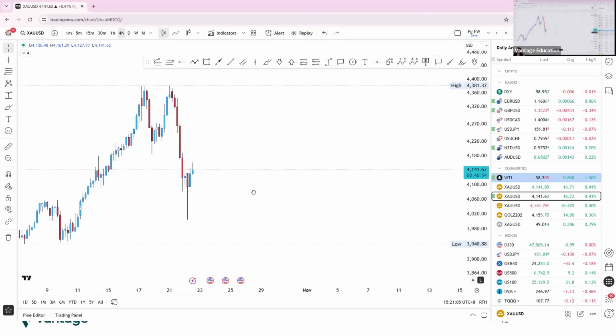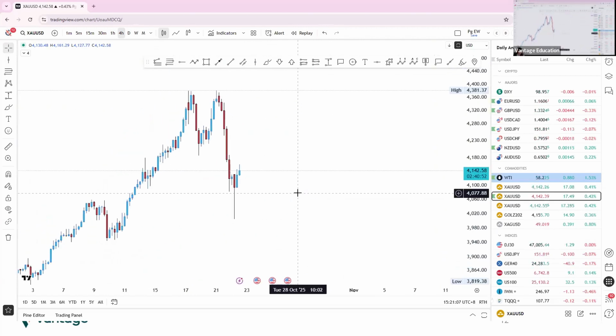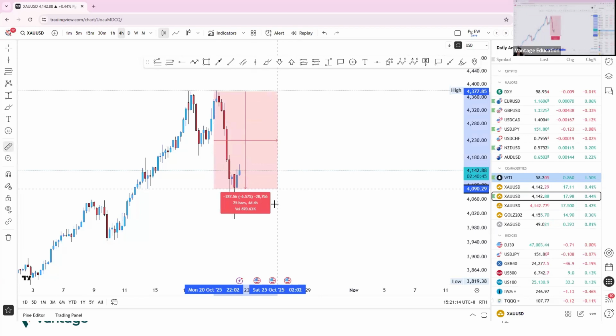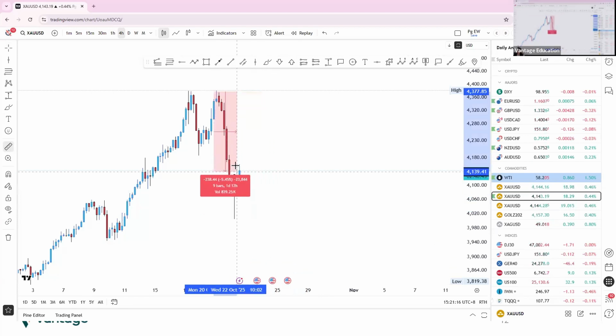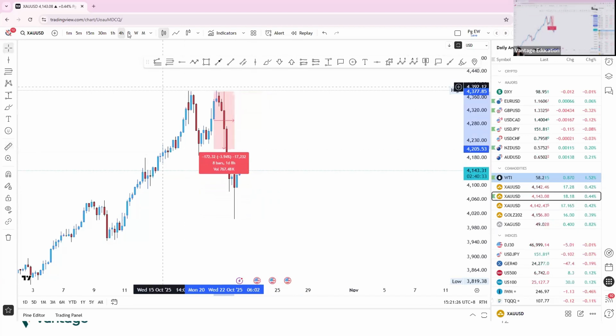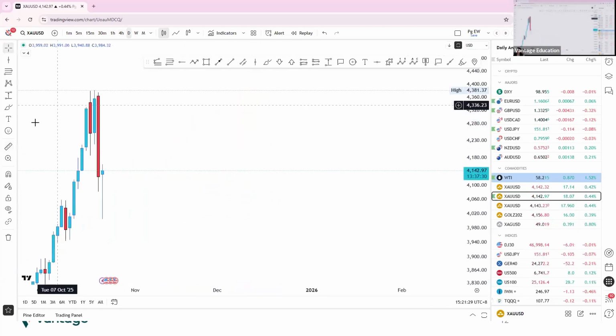Yesterday, I think it was the first time that I saw gold falling. Let me just open the candle.